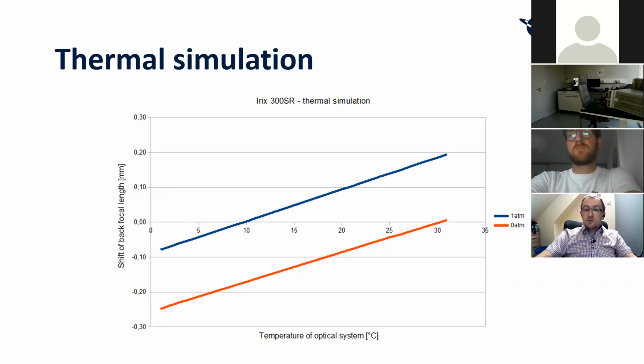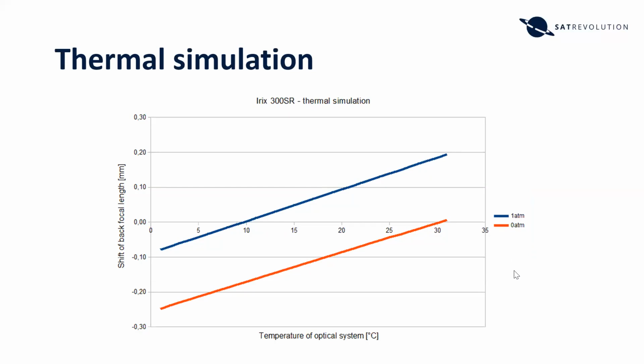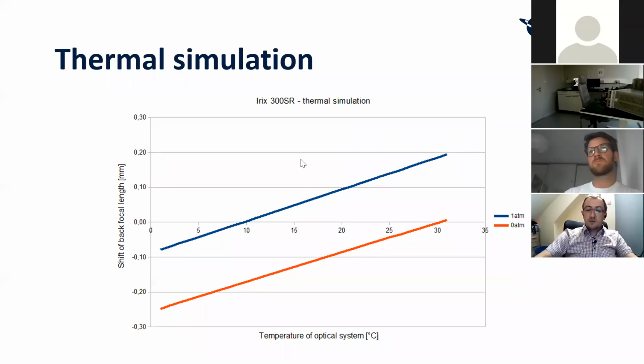I mean, the lens was designed to work under conditions of plus 16 degrees to plus 27, if I remember correctly. That's the temperature range that should provide the best optical quality of the payload. That's all we could do using such a small amount of space for the lens in the optical payload design. Please go to the next slide.